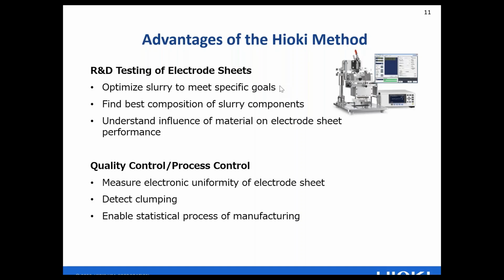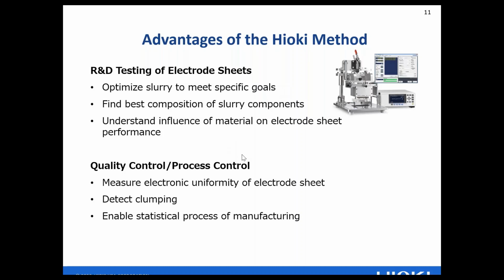So you can find the best composition of your slurry right in the early stages, and you can understand the influence of the material on the conductivity and on the resistivity of the overall electrode sheet. And again, you can get the influence on the different layers without having to peel it apart. That's a very powerful tool for research and, of course, for product development.